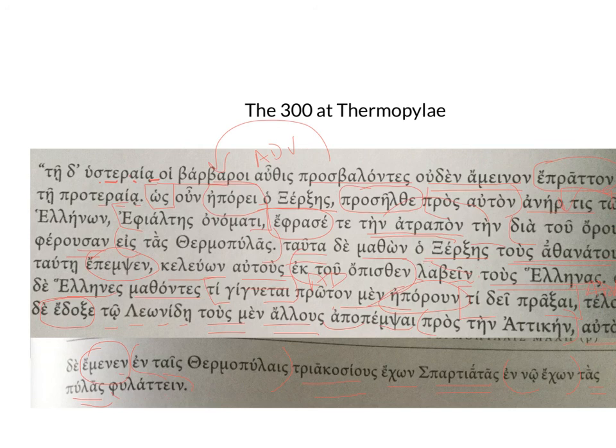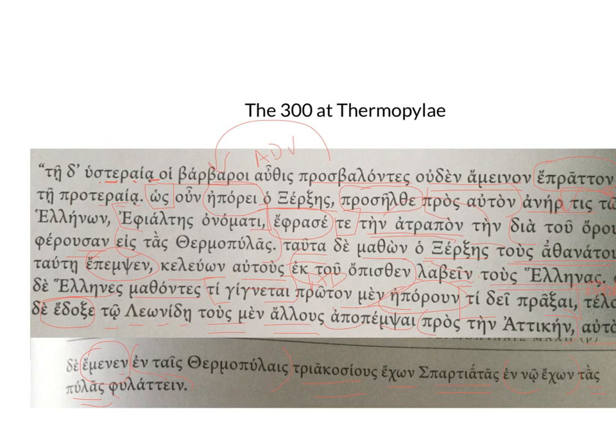Since, or when, Xerxes was at a loss, a certain man of the Greeks came to him, Ephialtes by name. Te, and, I should have marked that as a connective, and, ephrase, he showed, ten atrapon, he showed the path, the one leading, dia tu horus, through the mountains, es tas Thermopylas, to Thermopylae.